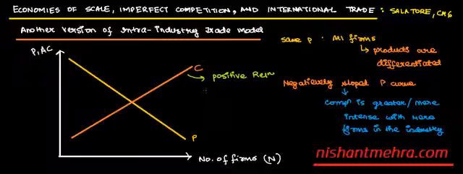It means that the larger the number of firms, the more cost the industry has to face. When more firms produce a given industry output, each firm's share of the industry output will be smaller, so each firm will incur higher average cost of production. What do you mean by that?